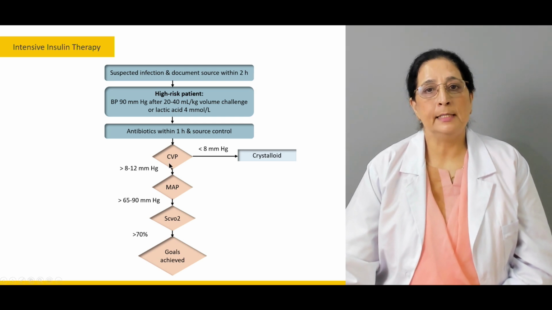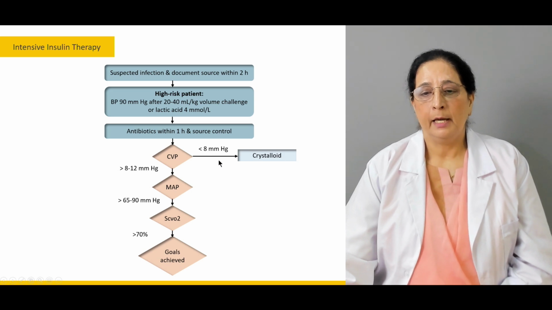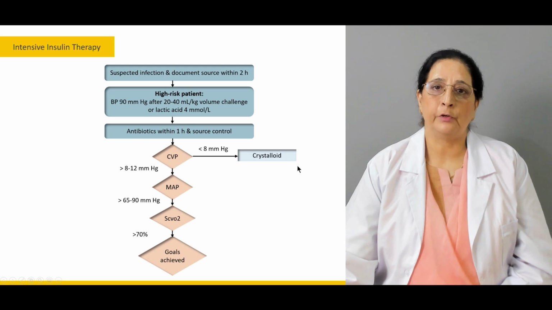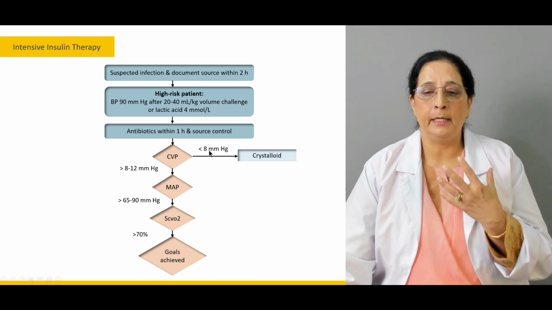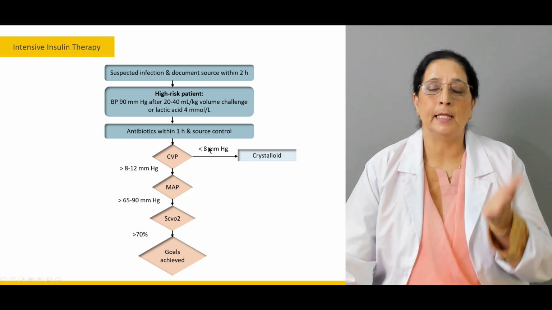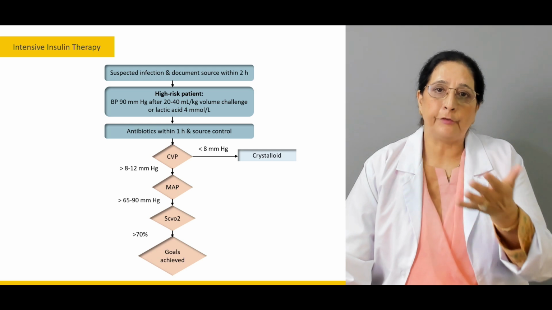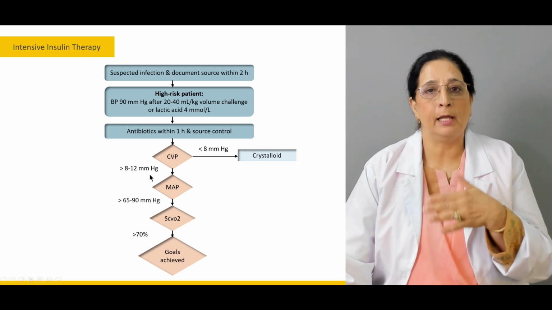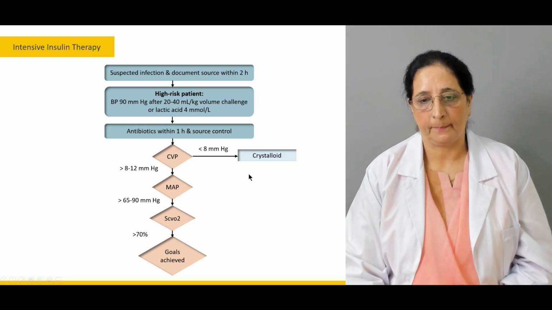For central venous pressure, we should give the crystalloid if it's less than 8 millimeter mercury. So crystalloids are used for the pressure which is less than 8 millimeter of the mercury, and with the crystalloid therapy, if it is more than 8 to 12, it means the goal of the therapy is achieved.